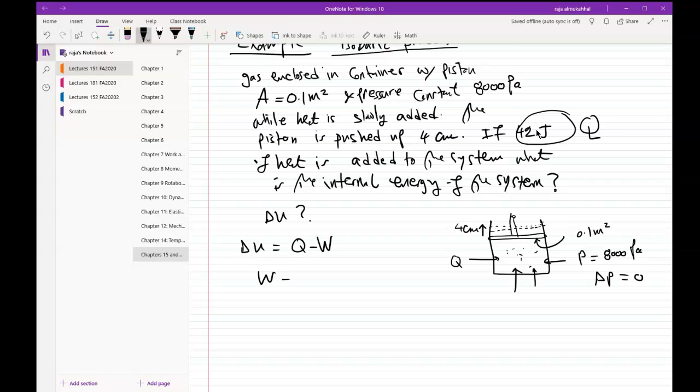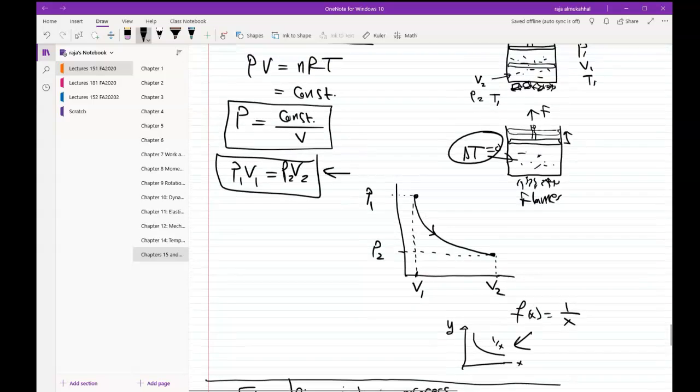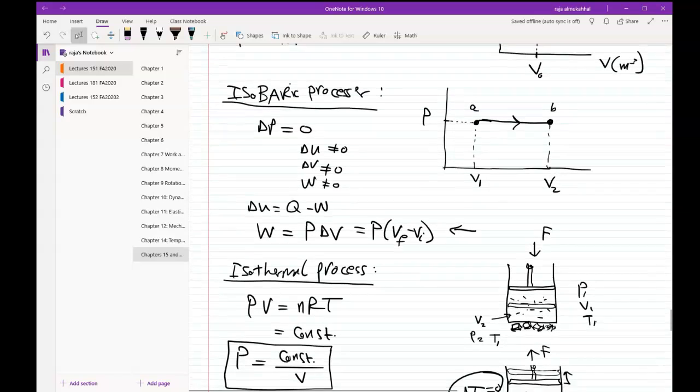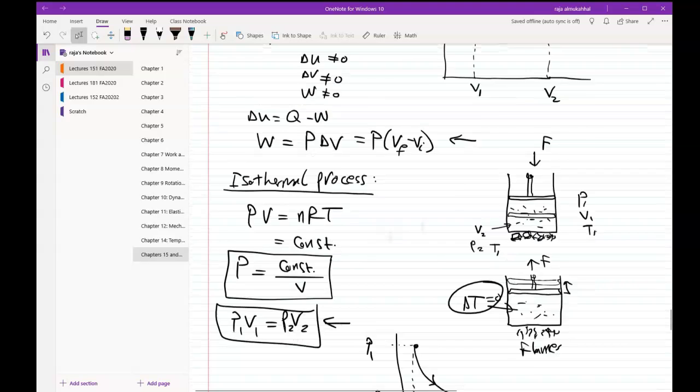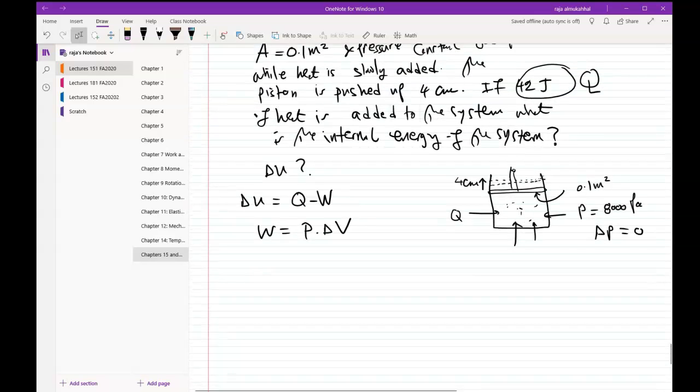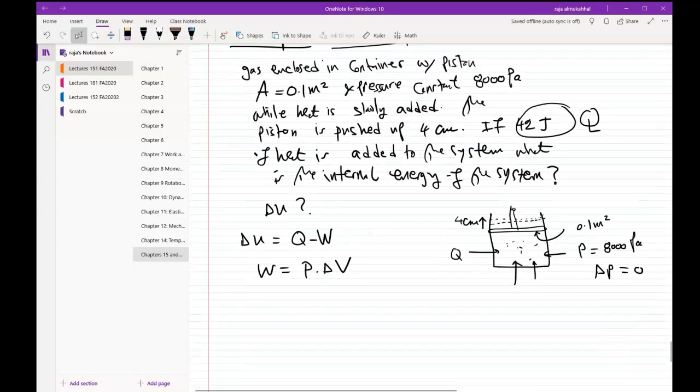What is W? W is P delta V, right? I just told you about it when we covered the isobaric process. Let me go back. Isobaric right here. See that? Isobaric work, P delta V right here. So this is how we're going to calculate that. How do I calculate that?